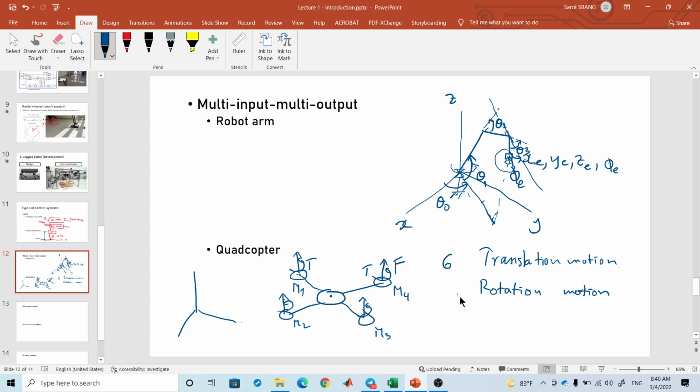And for rotation, you have angular velocity, 3, and then sometimes you want to use Euler angles. Yeah, you don't know what that is now. I just want to tell you that for rotation you can describe it using 6 parameters as well.